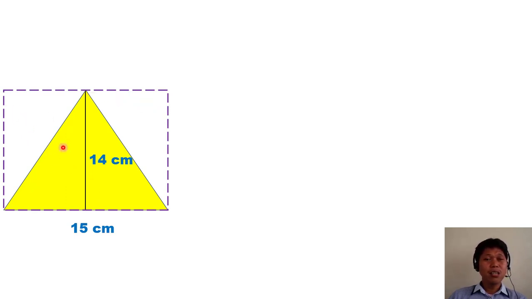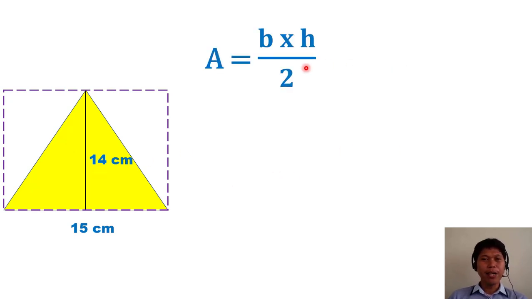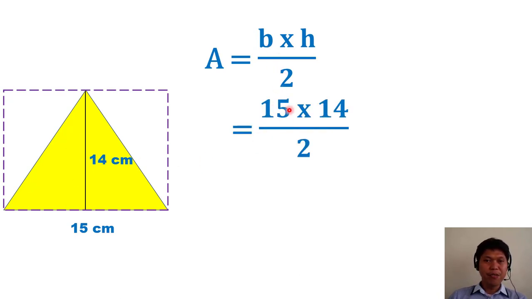It means a triangle, any triangle, is always 1/2 of a parallelogram which has the same base and height as the triangle. Okay, so that's the concept. So we are going to solve. Apply the formula, base times height divided by 2. Substitute. The base is 15 and the height is 14. 15 times 14 is equal to 4 times 5 is equal to 20. Right? 2.